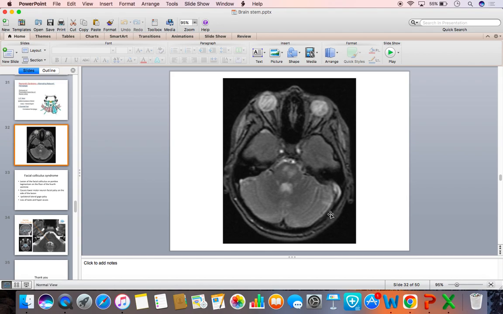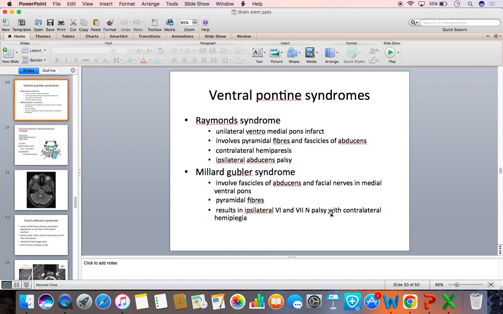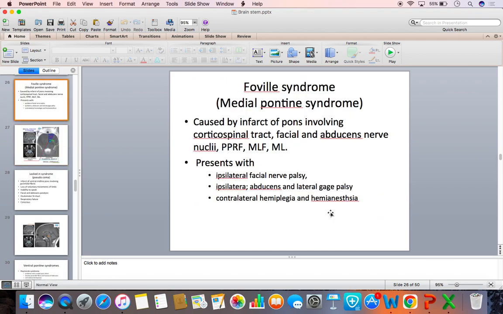Next, this is the medial pontine syndrome. Medial pontine syndrome is also called Foville syndrome. What are the structures involved? In this part of the pons, there are the nucleus of the facial nerve, the abducens nerve, the paramedian pontine reticular formation, the medial longitudinal fasciculus and the medial lemniscus.